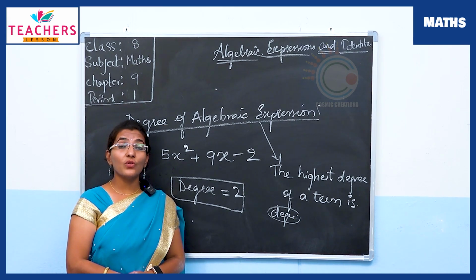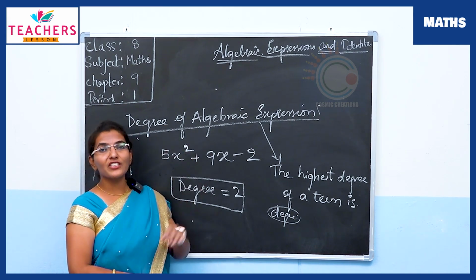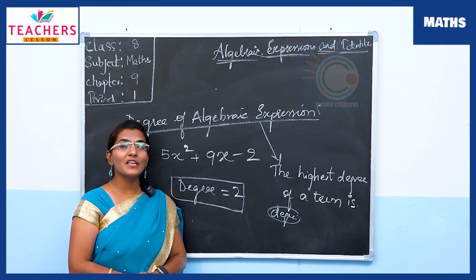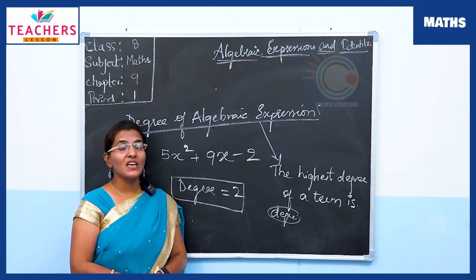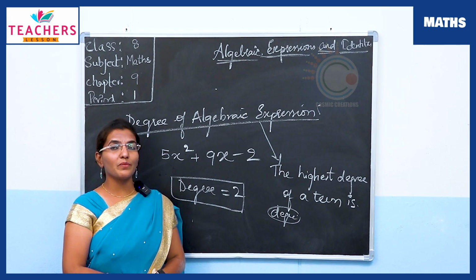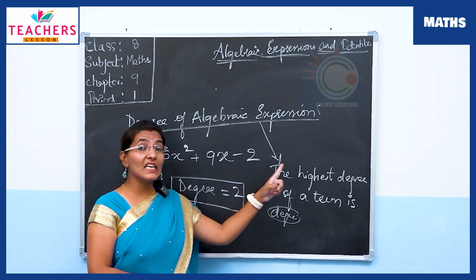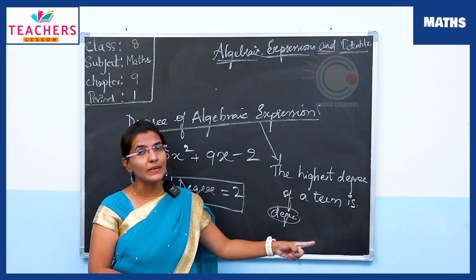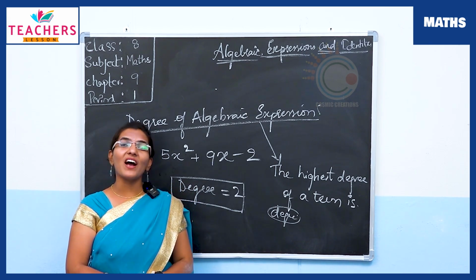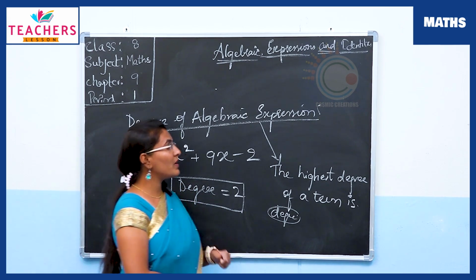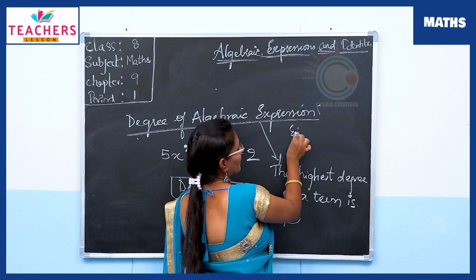So what is the degree of an algebraic expression, students? The highest degree of a particular term is called the degree of an algebraic expression. So now let us take another example.